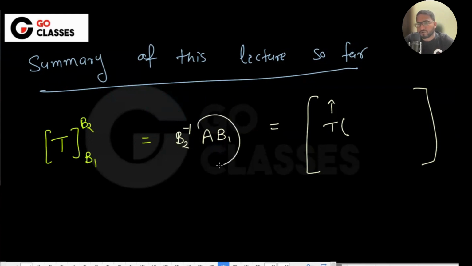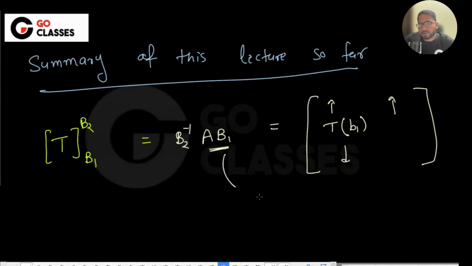I mean, the transformation of these basis vectors. And then once you do the transformation, if you're multiplying by B2 inverse, what does this mean? It means that you are doing the basis change, right?